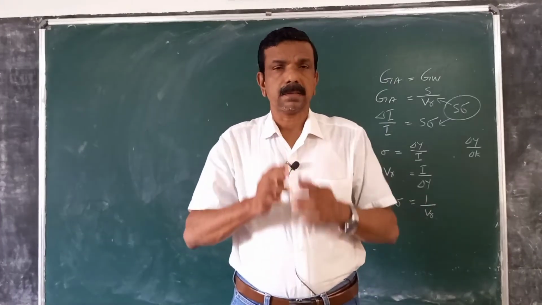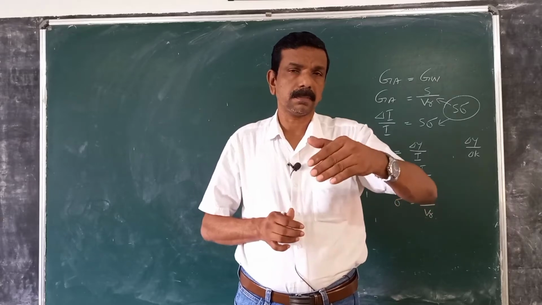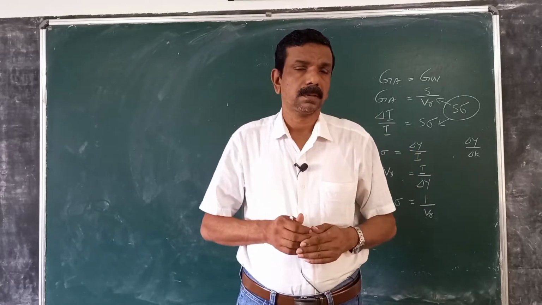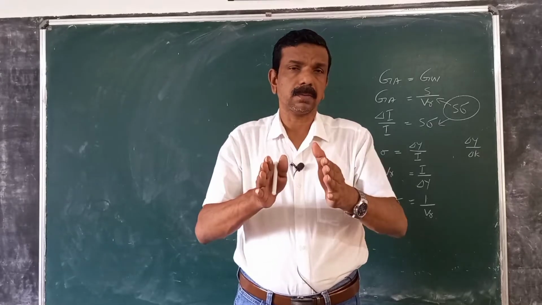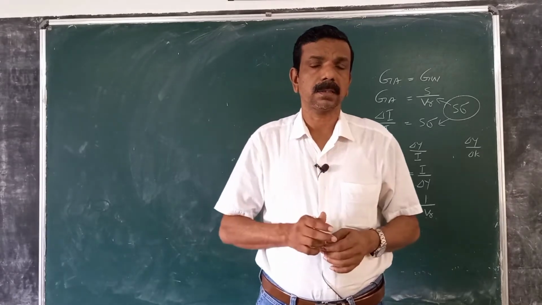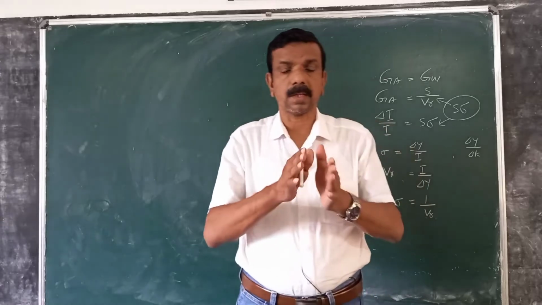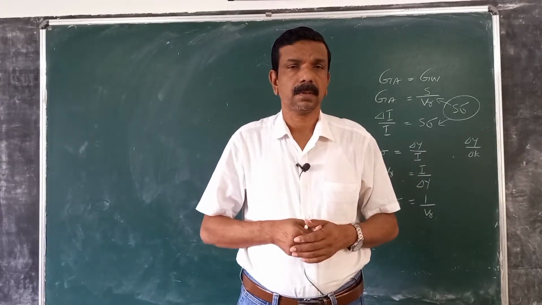Or what we say is the equilibrium rate of growth in the Domar model is identical to the warranted growth rate in the Harrod model. Both are one and the same thing.